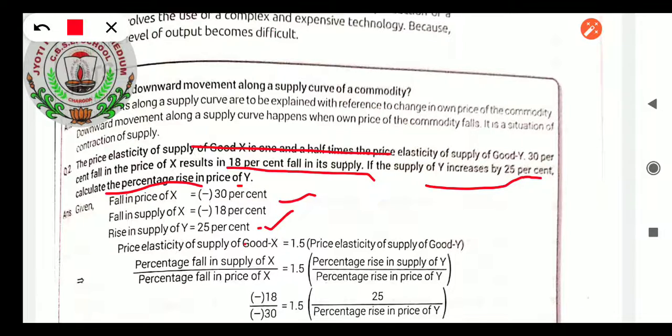Formula: price elasticity of supply of goods X equals what is given here. We have noted it down now.